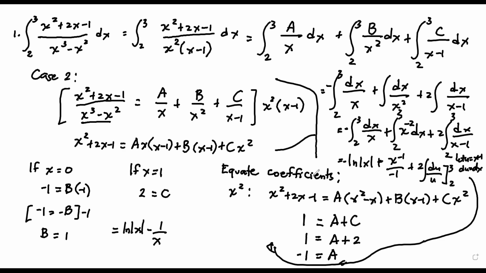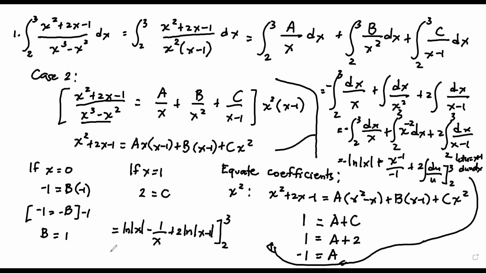Minus 1 over x plus 2. The integral of du over u is ln u. ln and our u is x minus 1 from 2 to 3. Right? So, the integral is ln x minus 1 over x plus 2 ln absolute value of x minus 1.